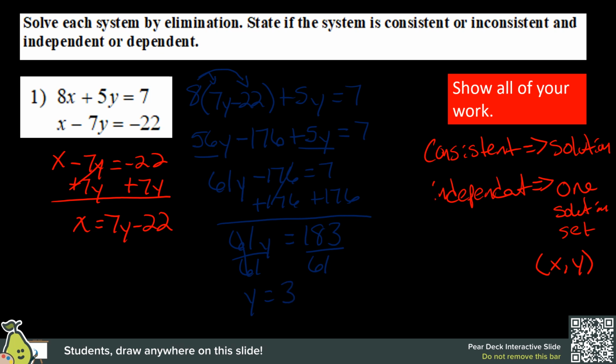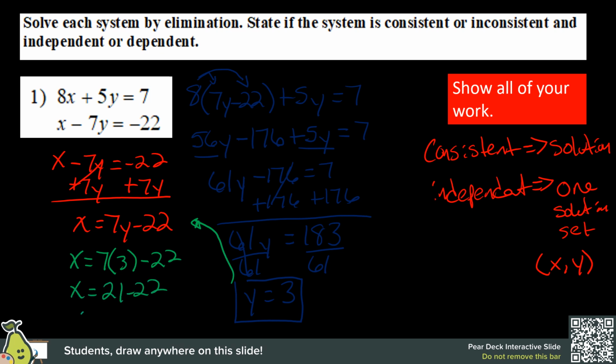So we know there's going to be an answer, right? We were able to get this y value here. To get x, we're going to take this and plug it in here. So we'll say x equals 7 times 3 minus 22. So x equals 7 times 3 is 21, minus 22. So x equals 21 minus 22, which is negative 1.